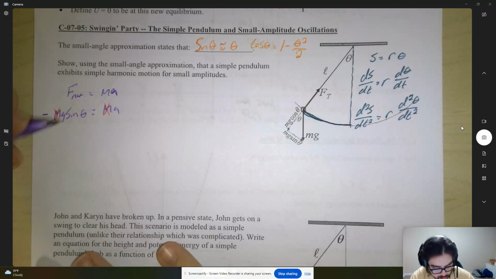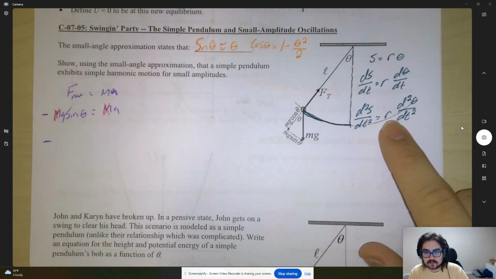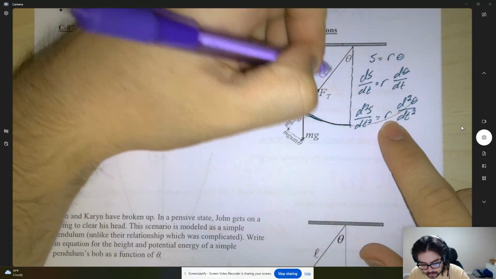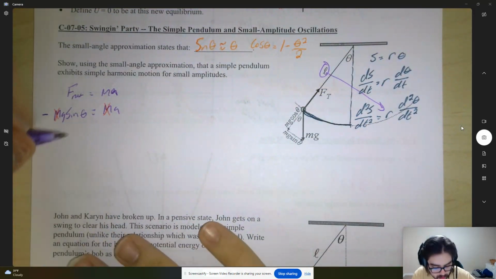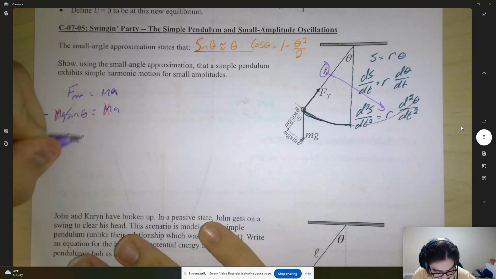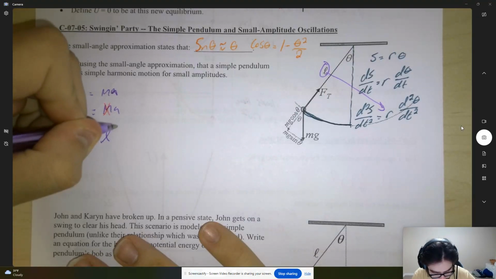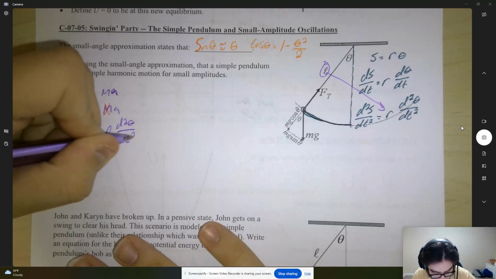Oh, and I'm so sorry, let me make a quick replacement here too. R is actually just going to be L. So I replace R with L when I substitute it in here. So I get negative g sine theta equals L d squared theta over dt squared.